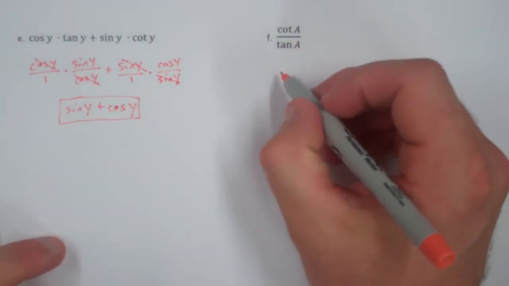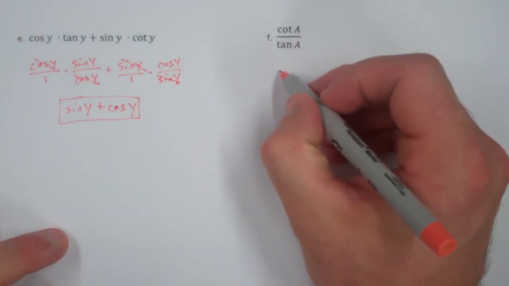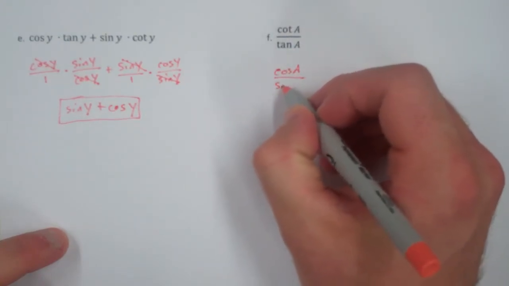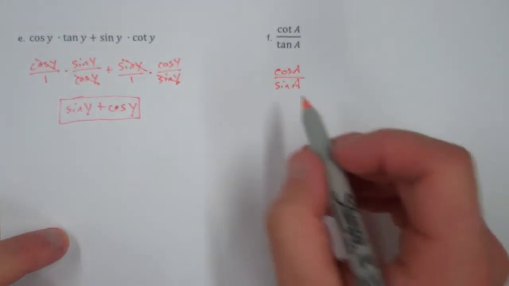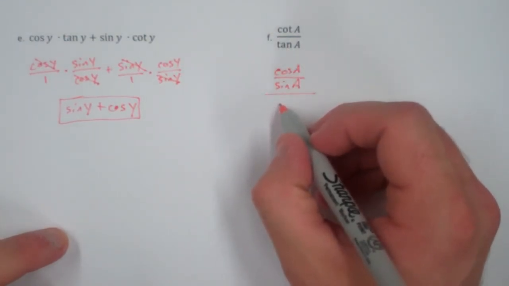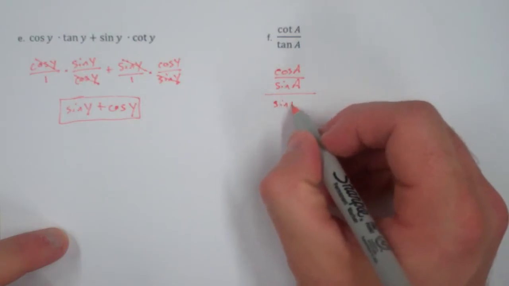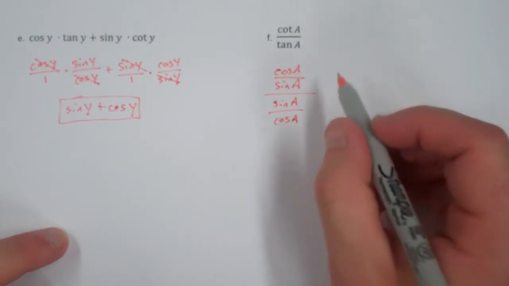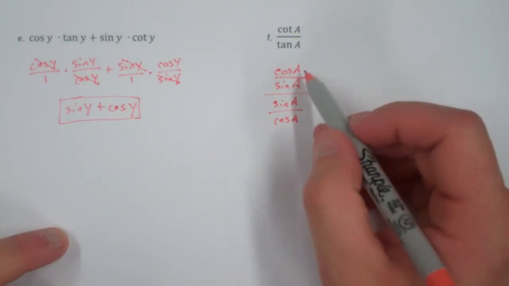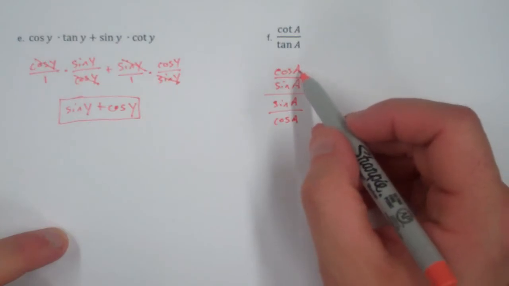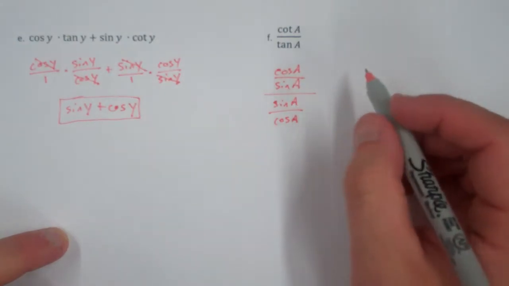Let's try to change the cotangent into, we'll go with cosine. Cosine over sine for the cotangent. And then the tangent would be the sine over the cosine. Many people think this might be 1, but unfortunately the cosine's in the top here and the sine's in the top there.